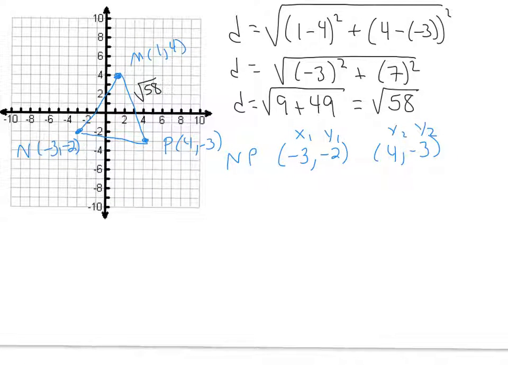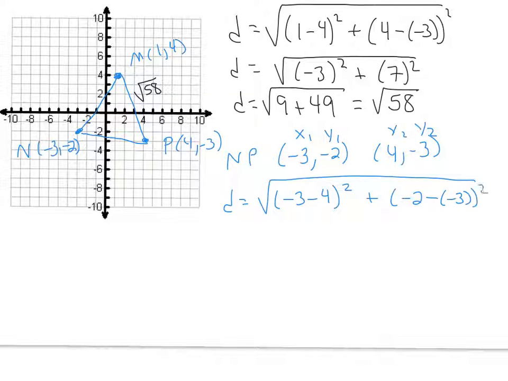Using my distance formula, I get (negative 3 minus 4) squared plus (negative 2 minus negative 3) squared. So negative 3 minus 4 is negative 7 squared, plus negative 2 plus 3, which is 1 squared.